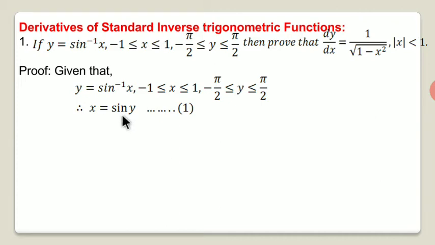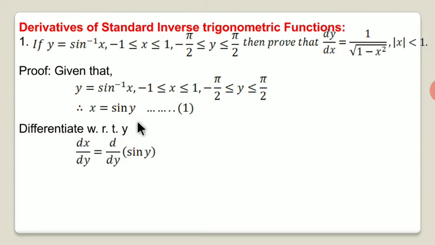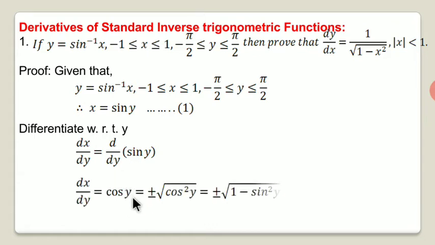We call this relation number 1. Now we observe it is differentiable, so differentiate this with respect to y. We get dx upon dy is equal to d by dy of sine y. Now we know the derivative of sine y with respect to y is cos y. So it is equal to cos y, and we can rewrite this as plus or minus square root of cos square y.